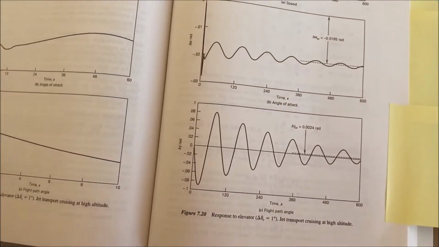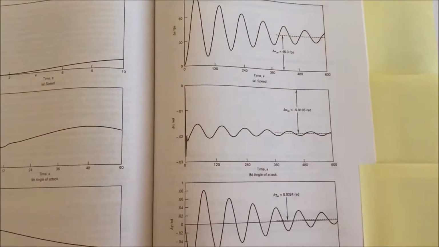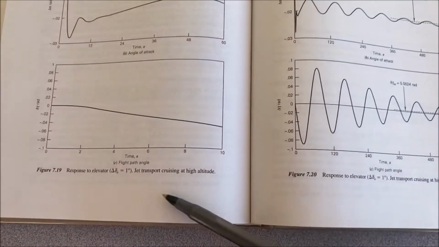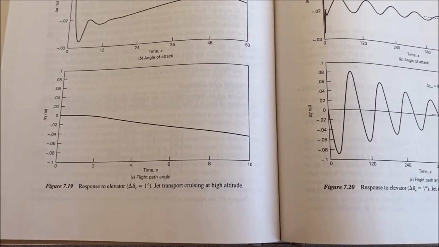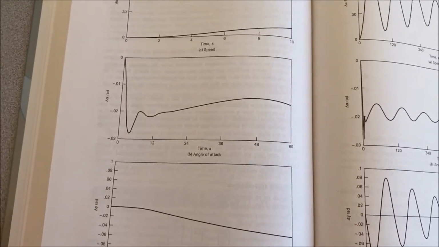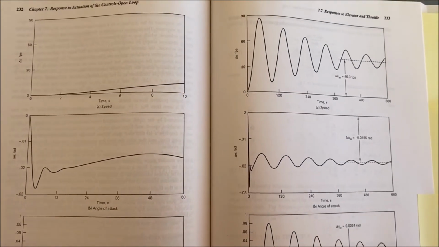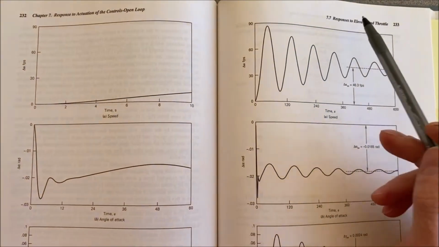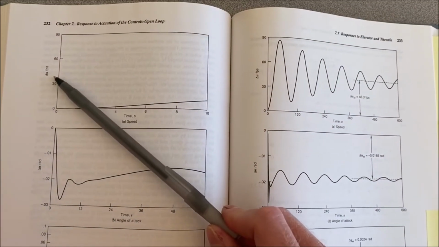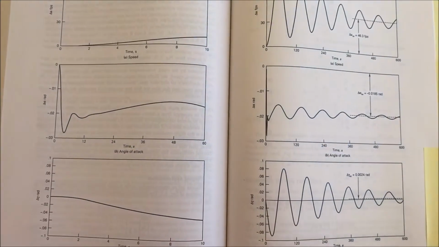So here are some charts in the Etkin and Reid textbook. For a given elevator deflection, in this case 1 degree, on a jet transport type aircraft at high altitude cruise, we make an initial or step input to the elevators, and we get the following charts for changes in forward speed, angle of attack, and flight path angle.